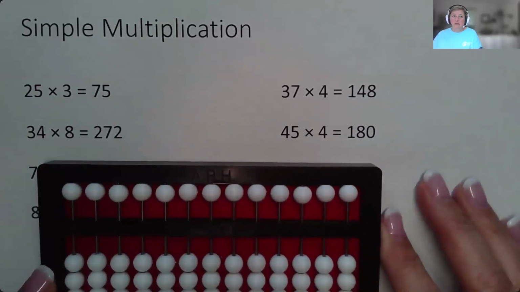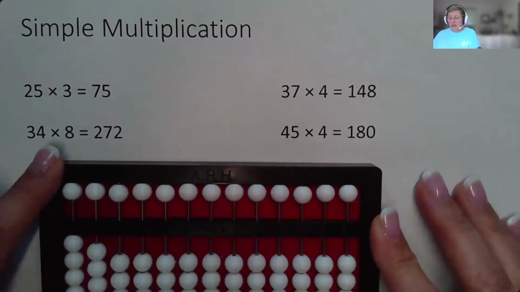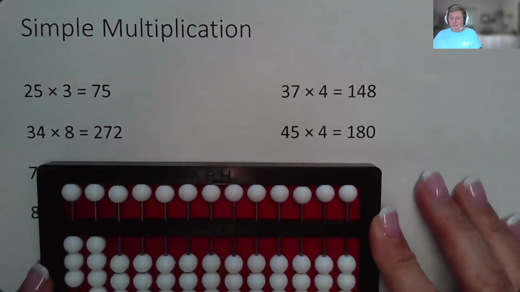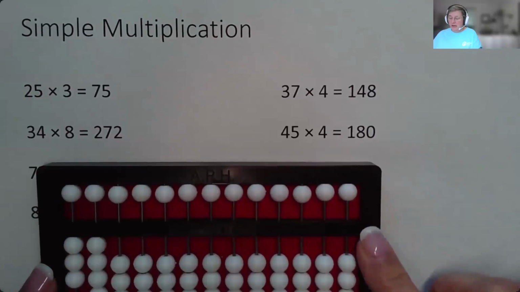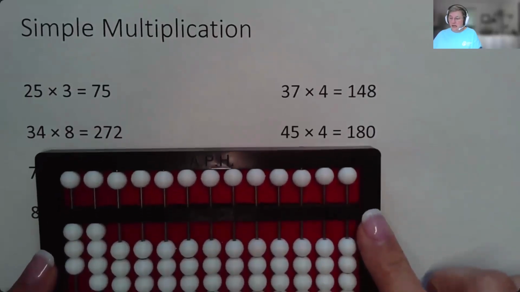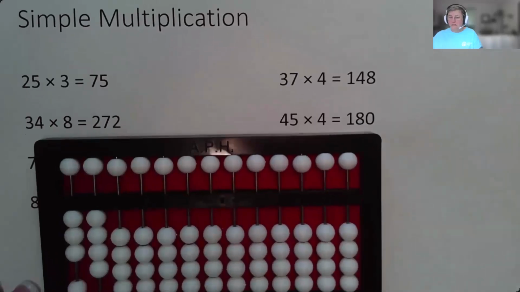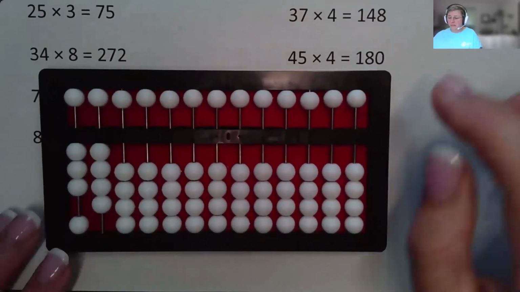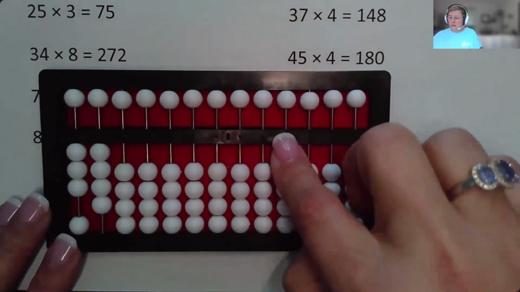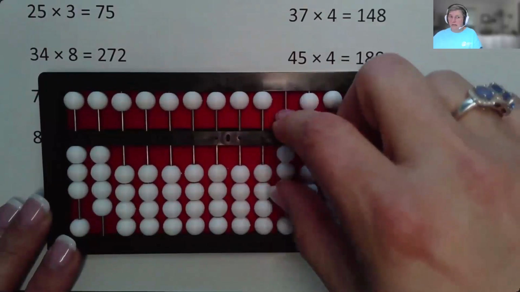Let's try 34 times 8. Set 34 on the left-hand side. On the right-hand side, set the 8 by saying 34 times 8. Set the 8.